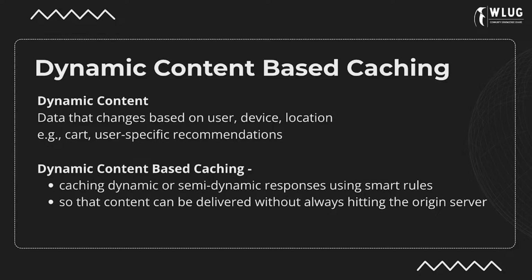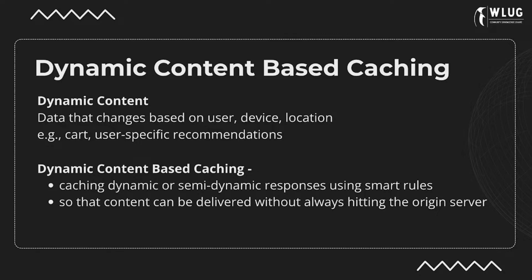Moving on to dynamic content-based caching. So dynamic content, as we discussed earlier, is content that changes based on your context or personal information, like your personal cart, your personalized recommendations, and all of that stuff. So, as in the example that we discussed earlier with your login credentials, that is something that cannot be saved.